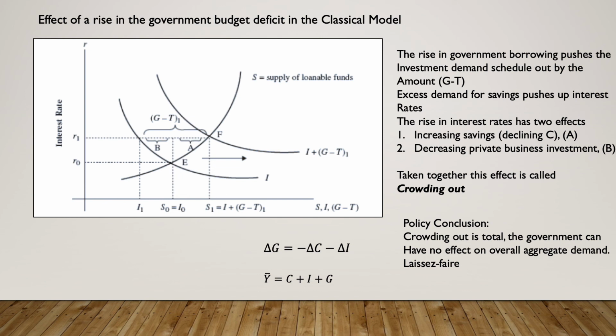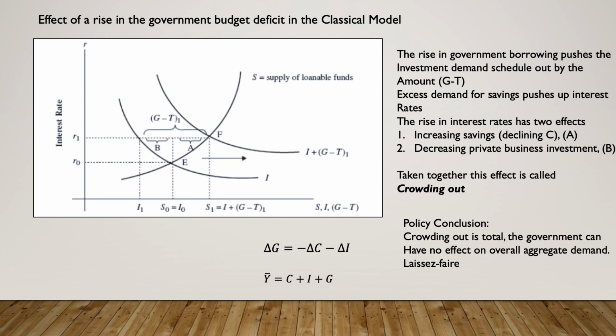Whatever increase in demand comes from running a government budget deficit will be offset by discouraged private investment and discouraged private consumption. The discouraged private investment and discouraged private consumption happens because government borrowing drives up interest rates in the loanable funds market. Essentially, the government has pushed out private consumption and private investment. It's made them too expensive, as it were, right?